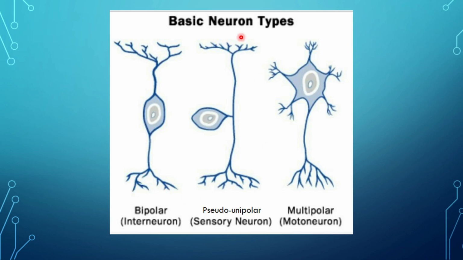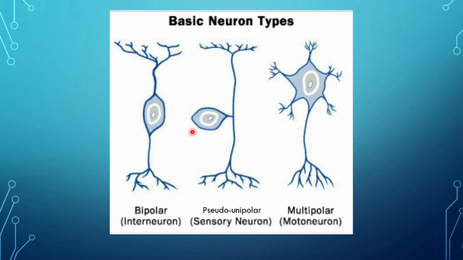We then have in the middle here a pseudo unipolar neuron. So essentially what it looks like is just one long axon with an offshoot for the cell body. These tend to be first order sensory neurons, so we find these in the periphery, and again we'll talk about these in a little bit more detail later on when we discuss the sensory pathways.